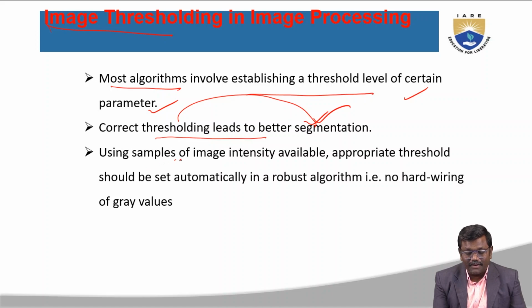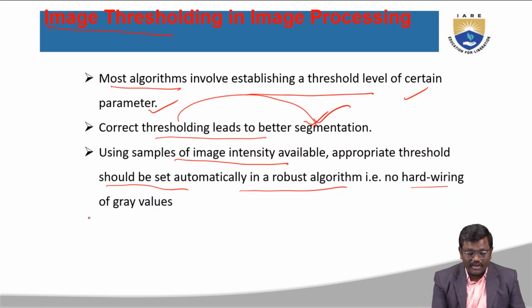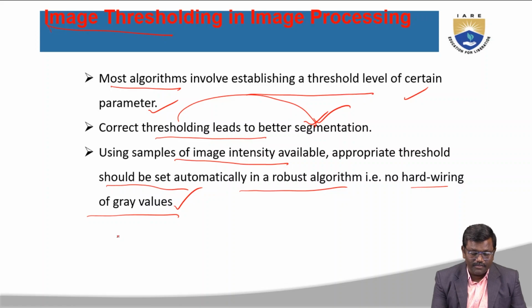By using the samples of image intensity available, an appropriate threshold should be set automatically in a robust algorithm. So there is no hard wiring of gray levels; we use gray levels here because the image we consider is a grayscale image.